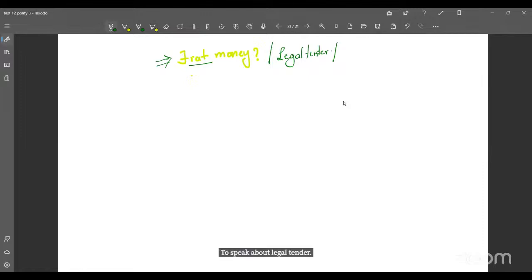We speak about fiat money. What does it mean? What does legal tender mean? Any idea?